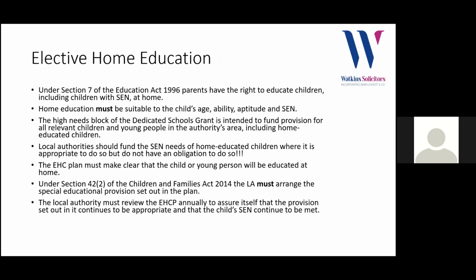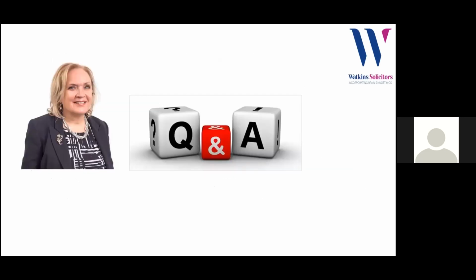So that is a very quick canter through the different points to remember when you are looking at your child's EHCP Section F. So if you're having an annual review and you've looked tonight at your EHCP and you don't think it's quantified or specified, then you need to ask for the EHCP to be amended so that it is quantified and specified.